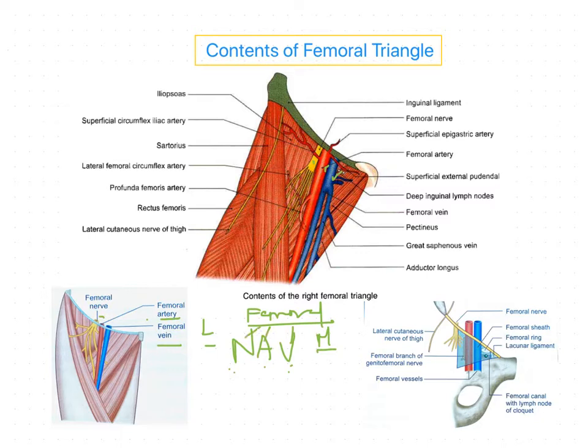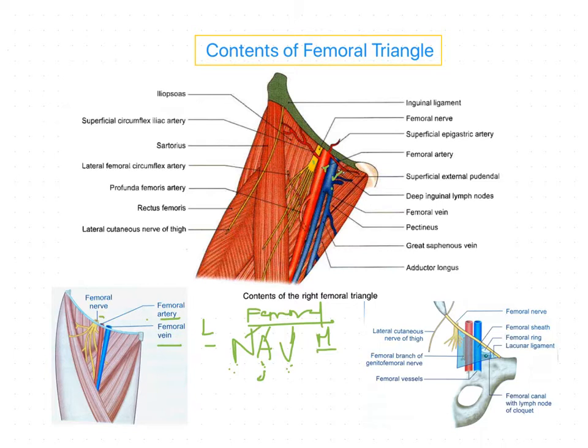These are the contents. The femoral nerve's branches are also included here. So the main contents are these. Not only the femoral vein, its tributaries are also present, and the femoral artery and its branches are also present in the femoral triangle.